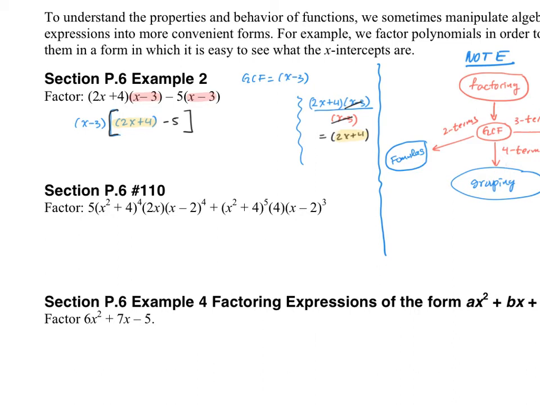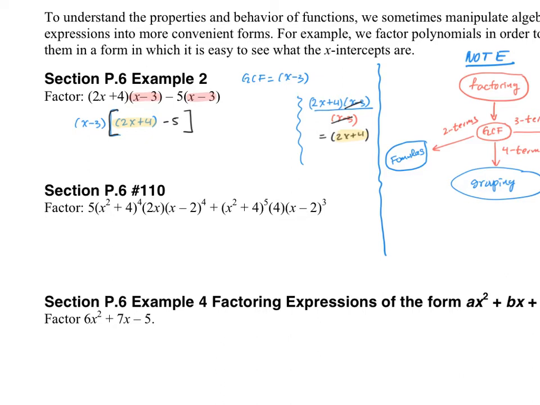Okay, let's try the next exercise. Again, remember that this may not match exactly the number or the page number, but the problems are the same ones you have in the book, in case you want to look at the book. All right, so here, the first thing you need to do is figure out what's the GCF.